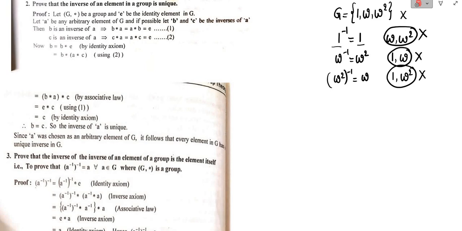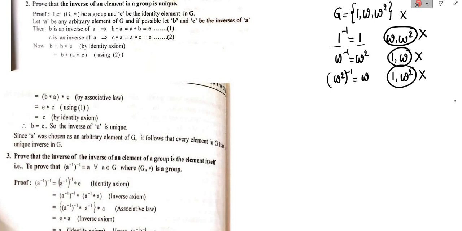Now observe the proof. Let (G, *) be a group. Group means it satisfies the closure law, associative law, identity law and inverse law.